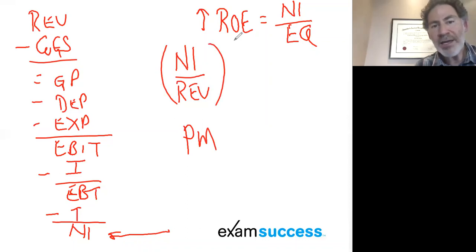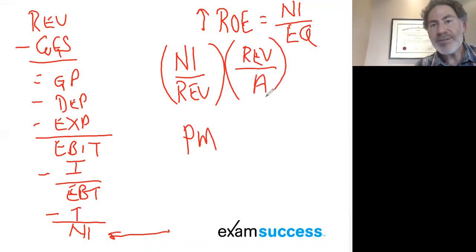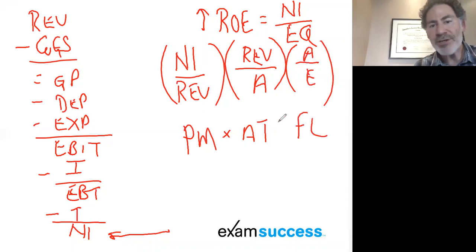Multiplied by the revenue or the sales over my assets. This is my asset turnover. Okay, we'll just write a little multiplication sign in there. Times my assets over my equity. This is my financial leverage. So I've got a three-stage decomposition here for return on equity.